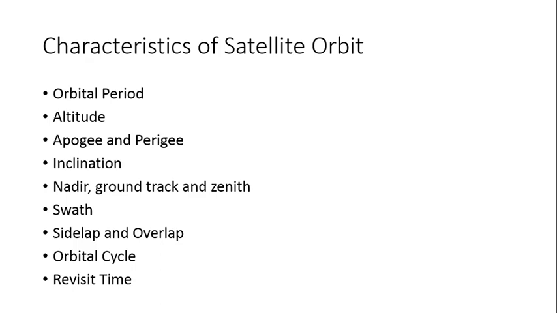So the farthest point in the orbit from the Earth is considered to be the apogee. Now perigee is the point in the orbit where the satellite is nearest to the Earth, the smallest distance. A schematic representation can be shown, but at present it is not available.